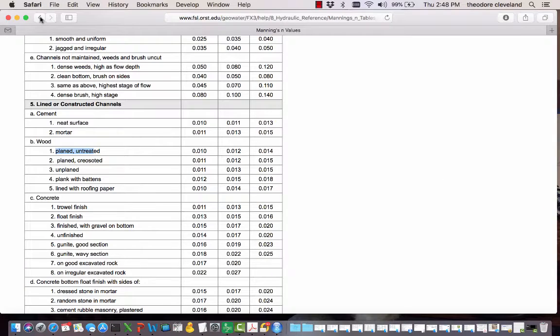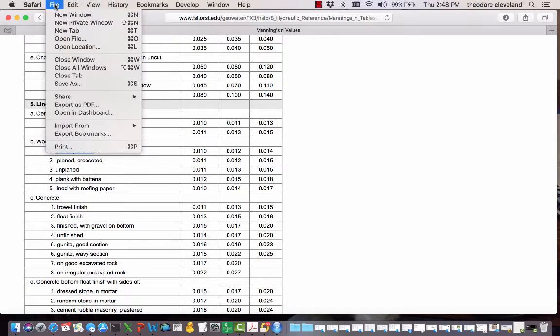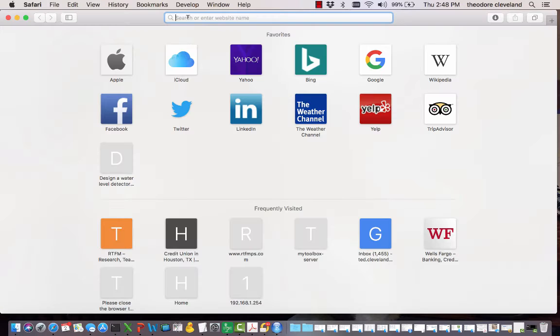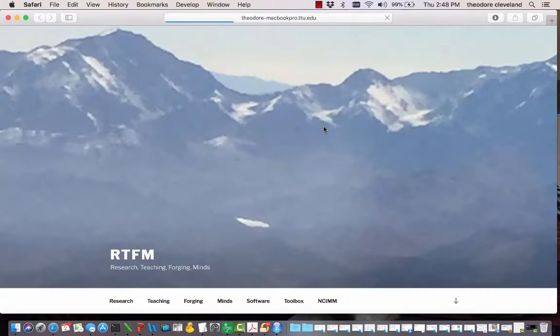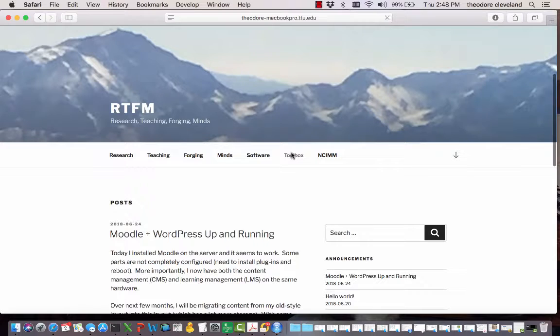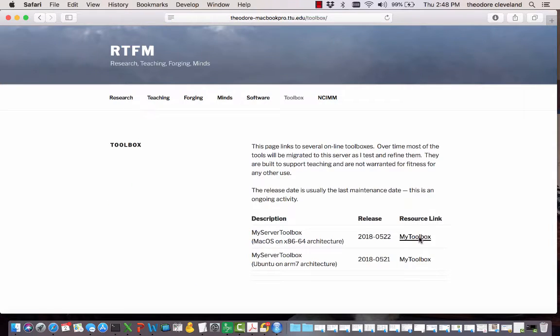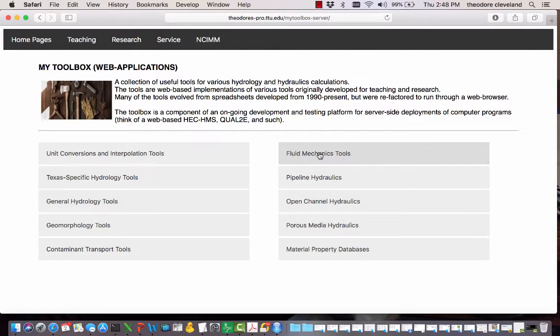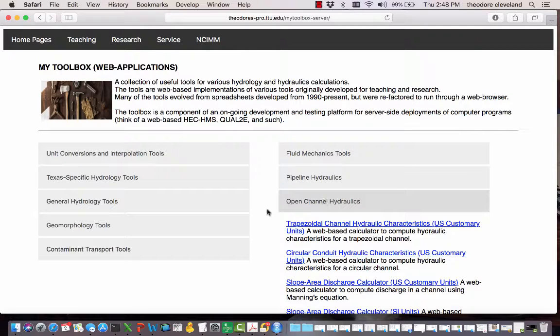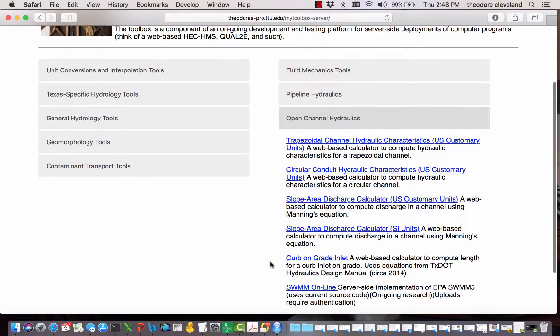Go to our online calculator, and we're going to need a new window, toolbox, channel. I'm going to use the trapezoidal channel calculator.